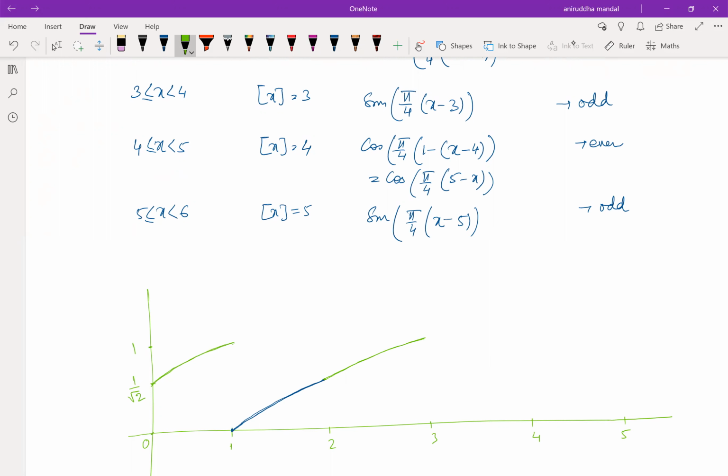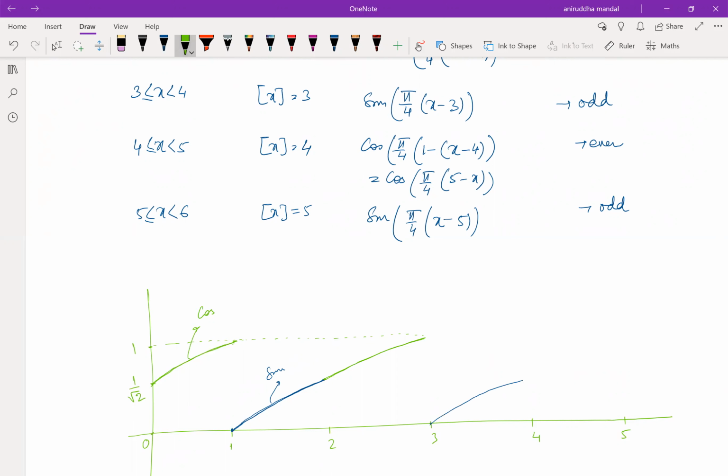It will continue, this graph will continue, and this line, so suppose this is the dotted line, so this is 1. Okay. And this green is for cos function, and this blue is for sine function. Okay. So again at point between 3 and 4, if we put x as 3, so sine 0, so again it will come back to here and it will again plot.